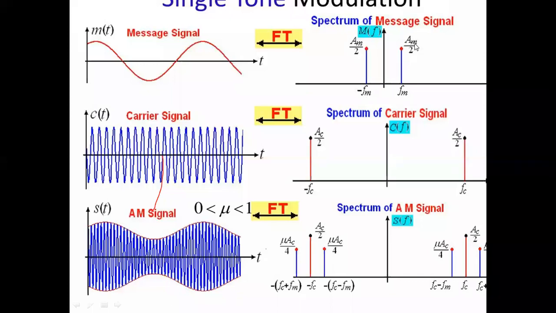So the spectral magnitude is Am by 2 and Am by 2, whereas the magnitude of the signal is Am. Now when the signal is converted to spectral components, the magnitude is reduced by 50% and the components are doubled. That is, one spectrum is 0 to fm, and another is 0 to minus fm, having the magnitude Am by 2.